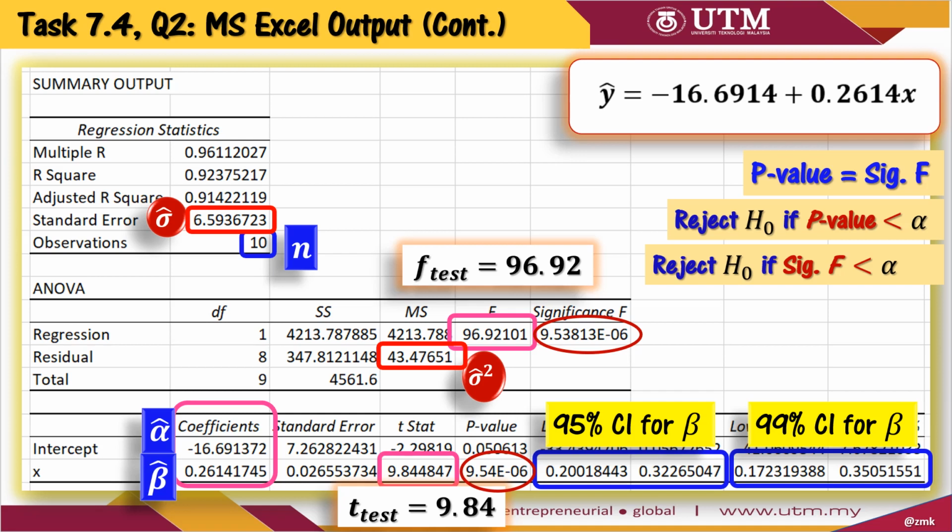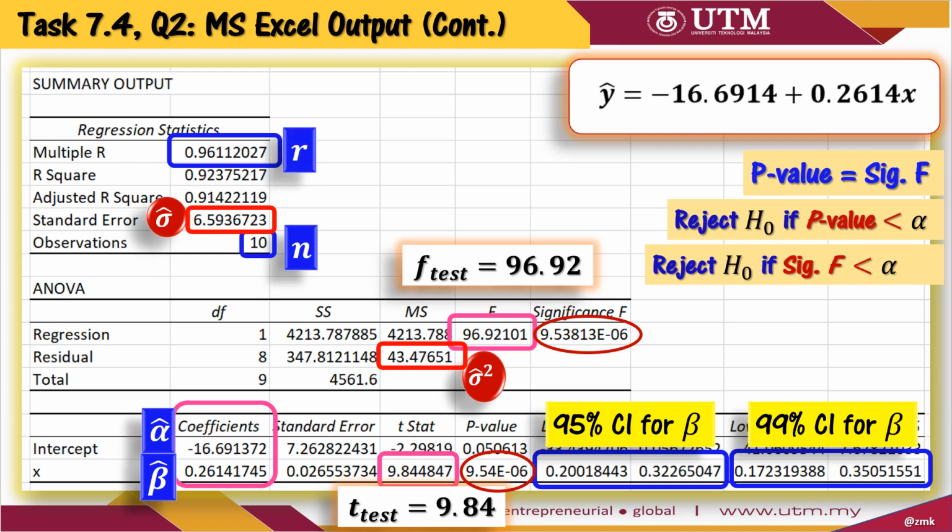Now, what about the correlation coefficient R? Can we get the value of R directly from this Excel output? Of course, yes. That is through the multiple R value. Since the estimated beta is positive, then the multiple R value is exactly the correlation coefficient, which is the R value.